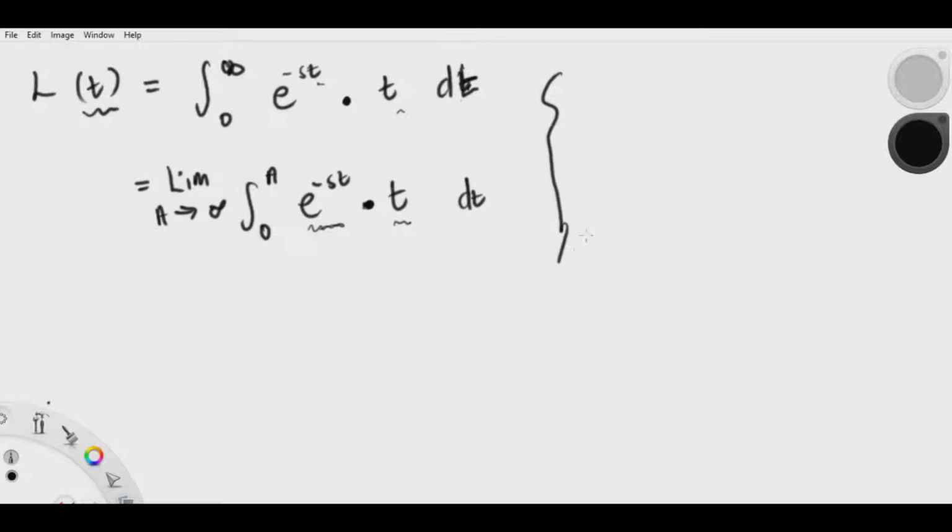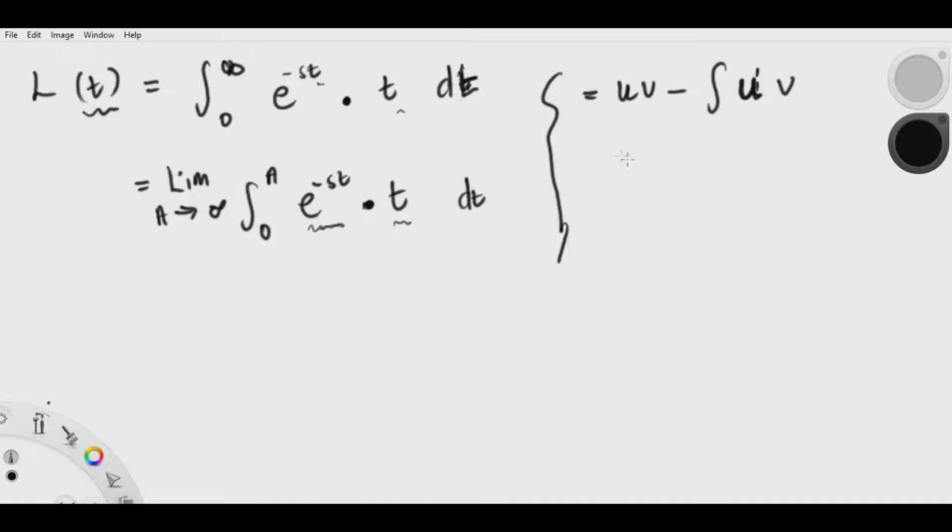Now, the rule for integration by parts is uv minus the integration of u prime v. It doesn't make sense yet. I advise you to watch a separate video on integration by parts, but I'll just try to quickly go through it.